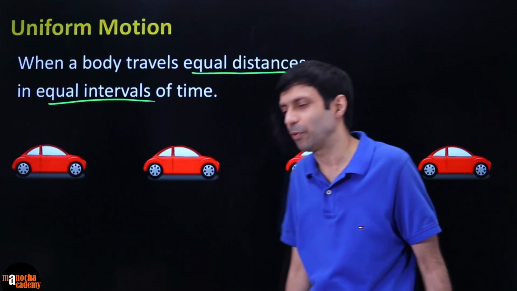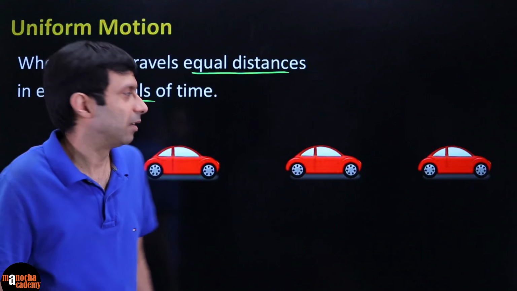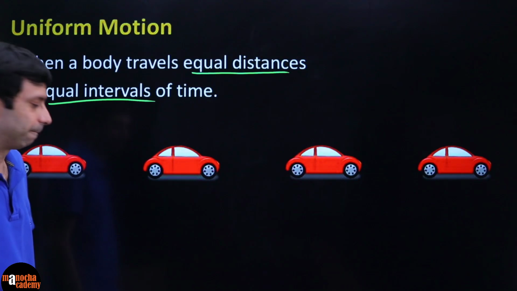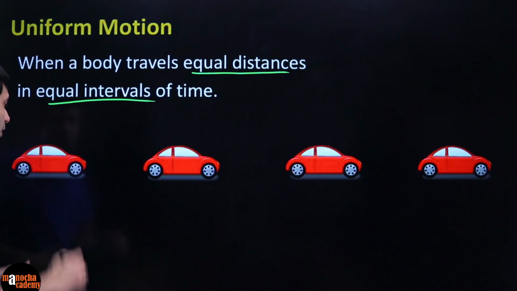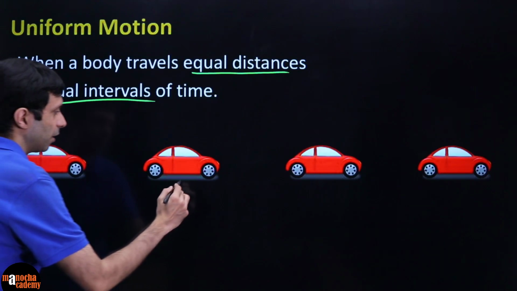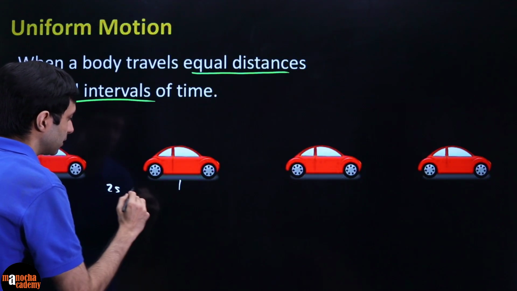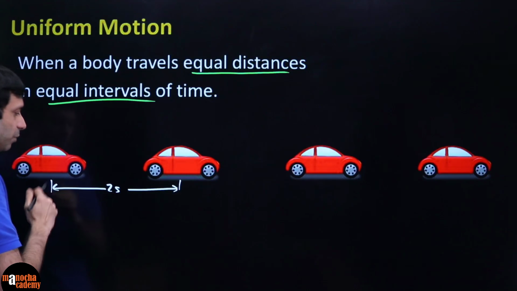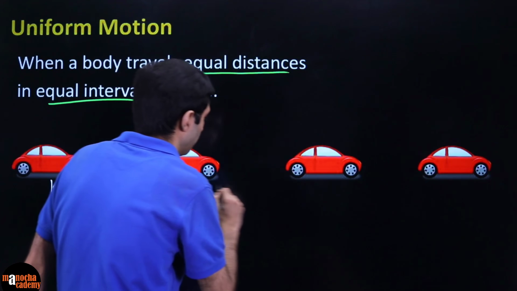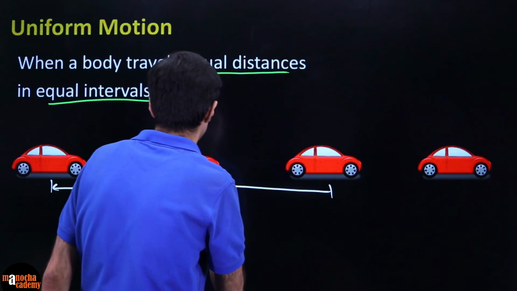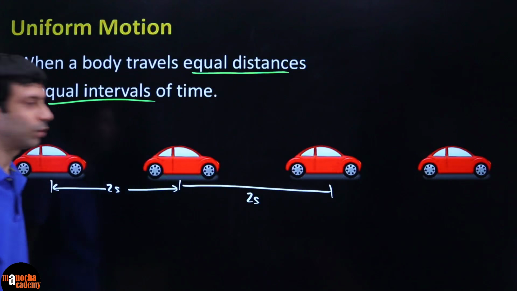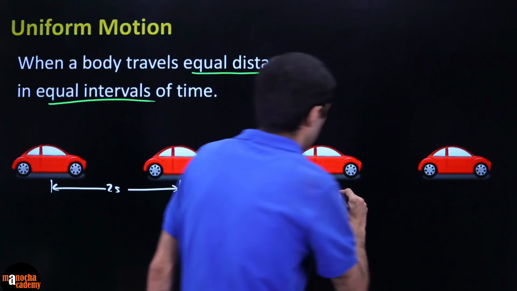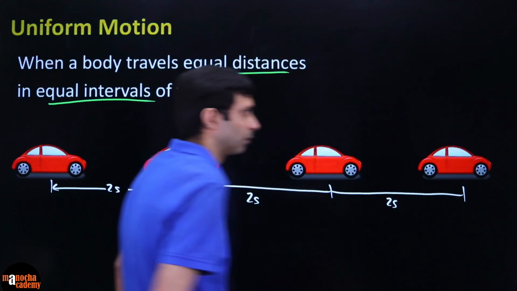So let's understand with the help of an example. Let's say the car is moving like this, and our time interval is, let's say, 2 seconds. So we observe the car from 0 to 2 seconds, then after 2 seconds again, and once again after 2 seconds.